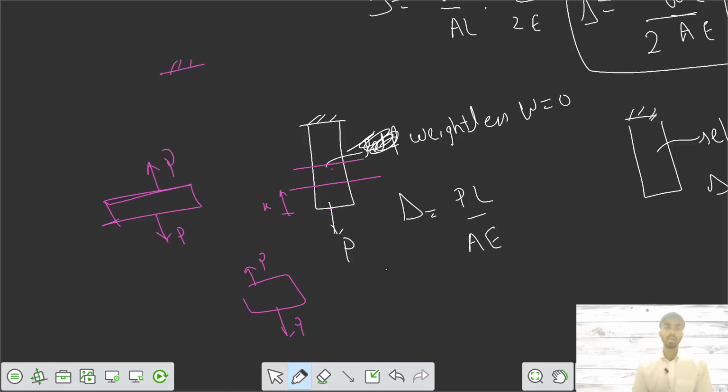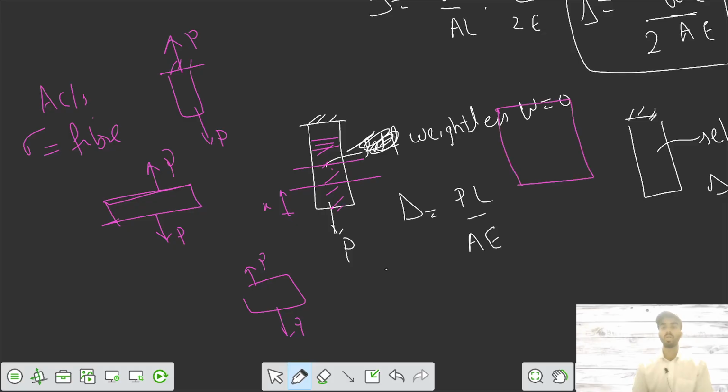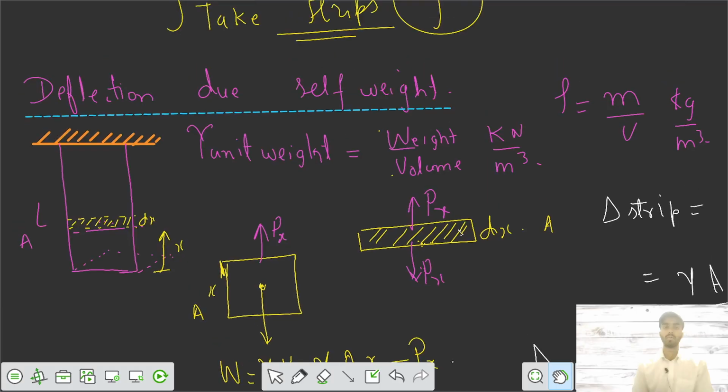For the upper part, it has to be P downwards, and the reaction would be P upwards. So every member has a load of P, and if area cross section is the same, the stress at every fiber, at every strip, is the same. So if you plot the variation of that load, it would be like this one. But for the first one, we saw it was a triangular variation.